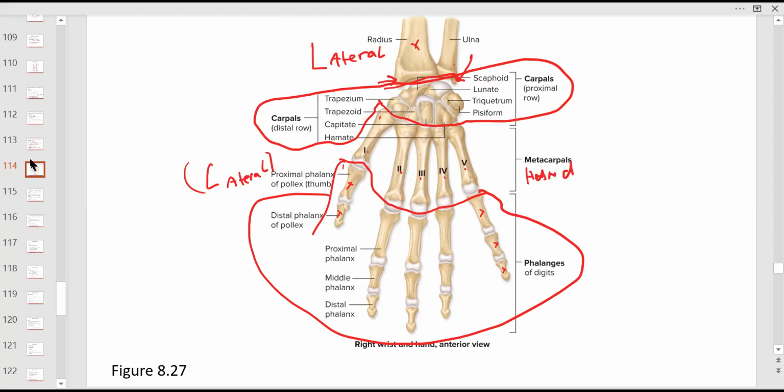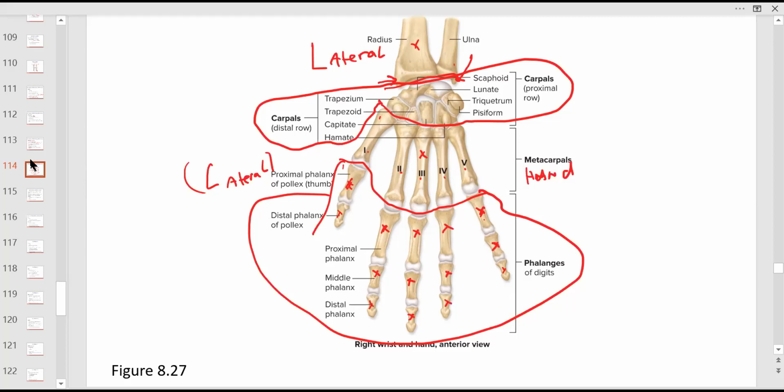So if I point here, you're going to have to say third metacarpal of the right hand. Now here's the phalanges, fingers: proximal 1, proximal 2, 3, proximal 4, proximal 5th phalange. And then here's your middle. Again, 2 through 5. And here's your distal.